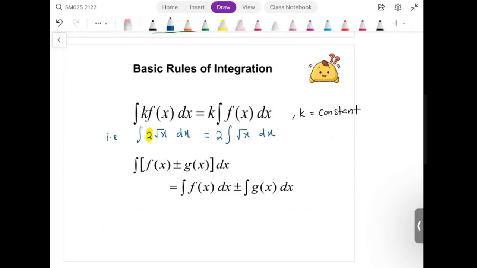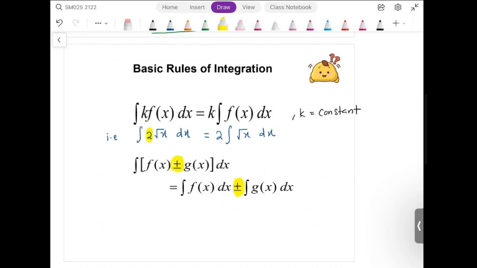Lagi simple. Okay. And then next rule, rule number 4, whenever we have addition or subtraction of two different function, kita boleh separatekan dia. Kalau function tu melibatkan hasil tambah ataupun hasil tolak, then kita boleh integrate term by term. Tapi ingat, mesti hasil tambah ataupun hasil tolak. Saya highlight kat situ, addition or subtraction.